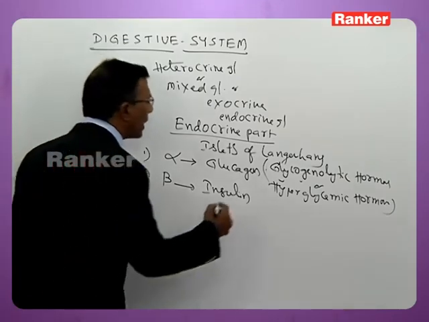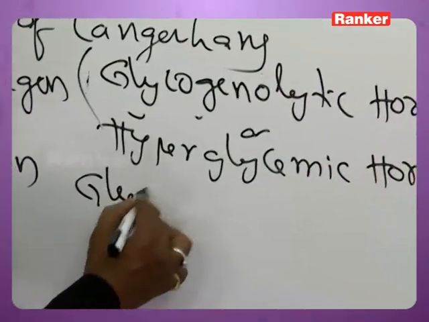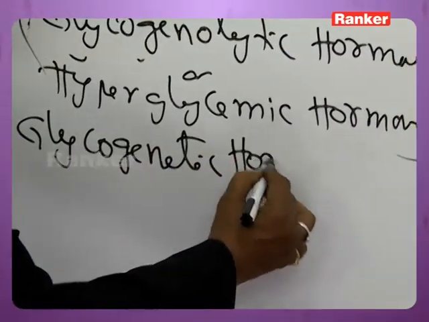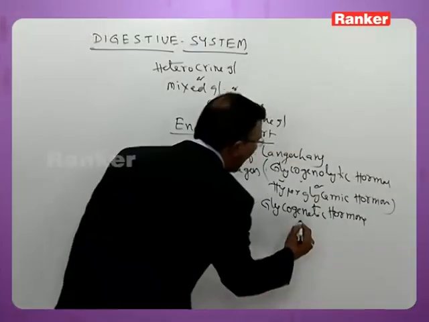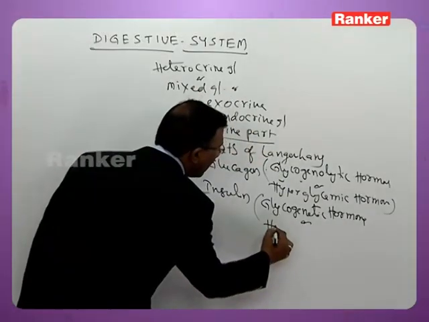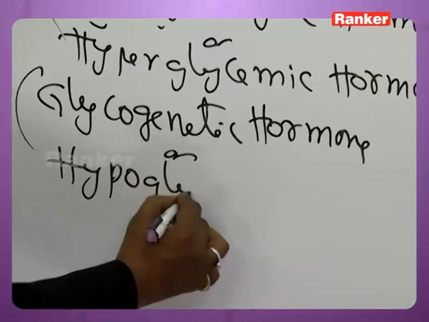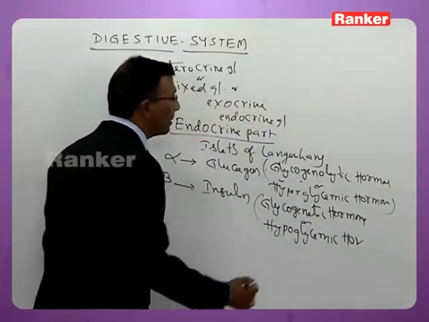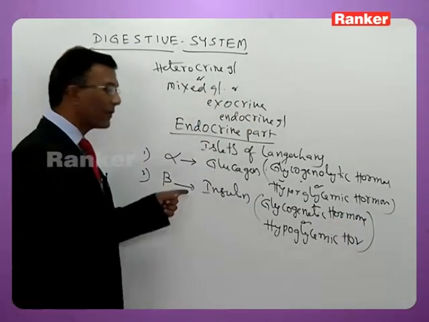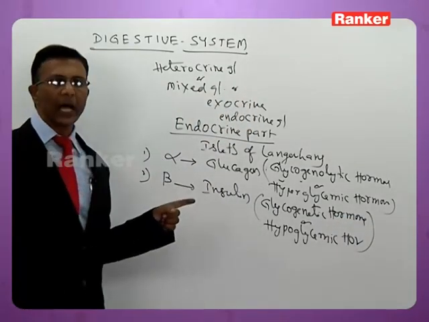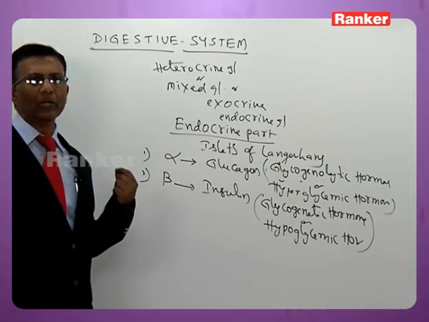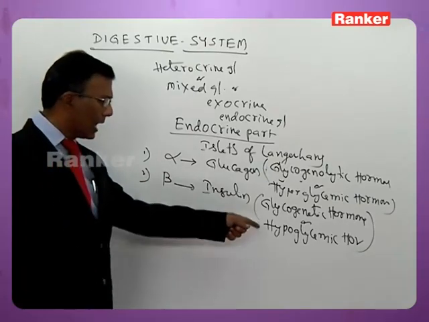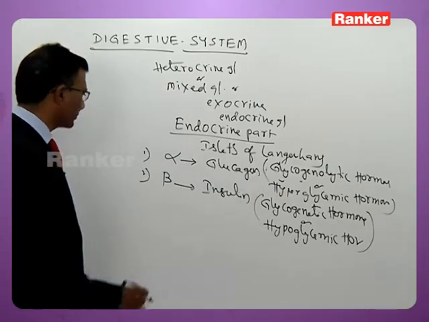That's why it is referred to as glycogenetic hormone, or it is also called hypoglycemic hormone. So remember, what are the synonyms of insulin here now? Glycogenetic hormone, because it promotes formation of glycogen from glucose. Since it lowers blood glucose level, it is also called hypoglycemic hormone.